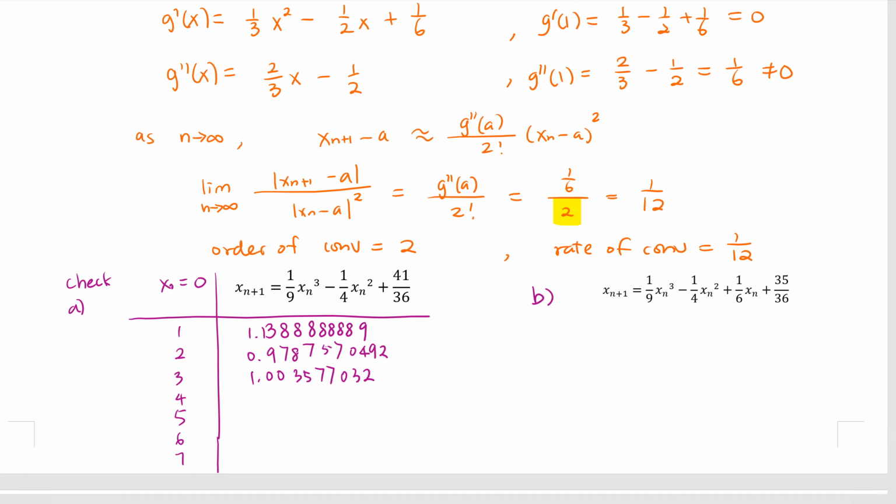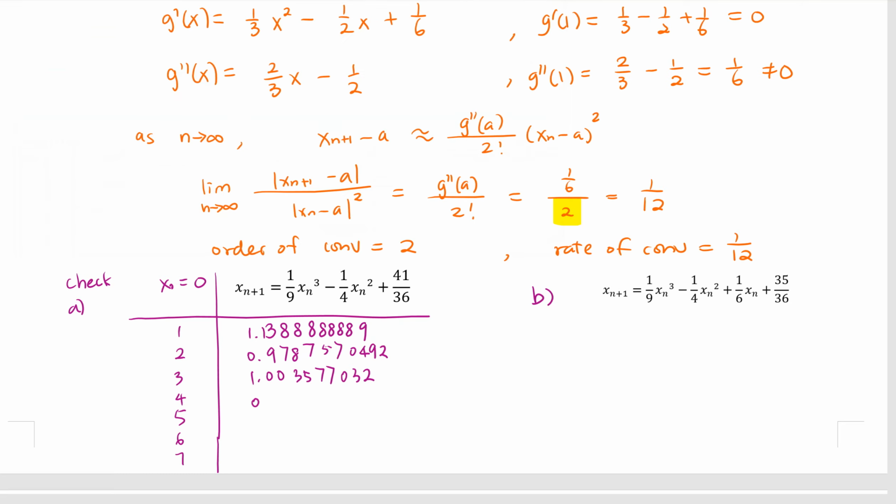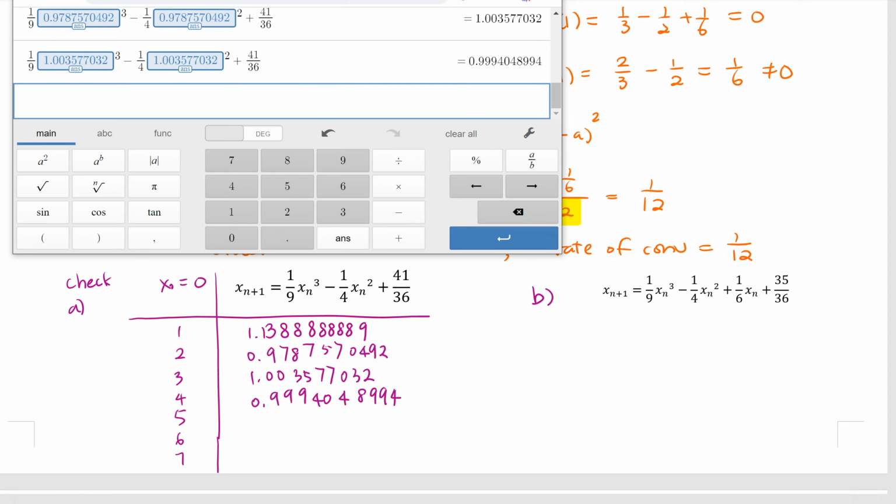We know the true answer is 1, right? And it's converging. 0.99940489994.